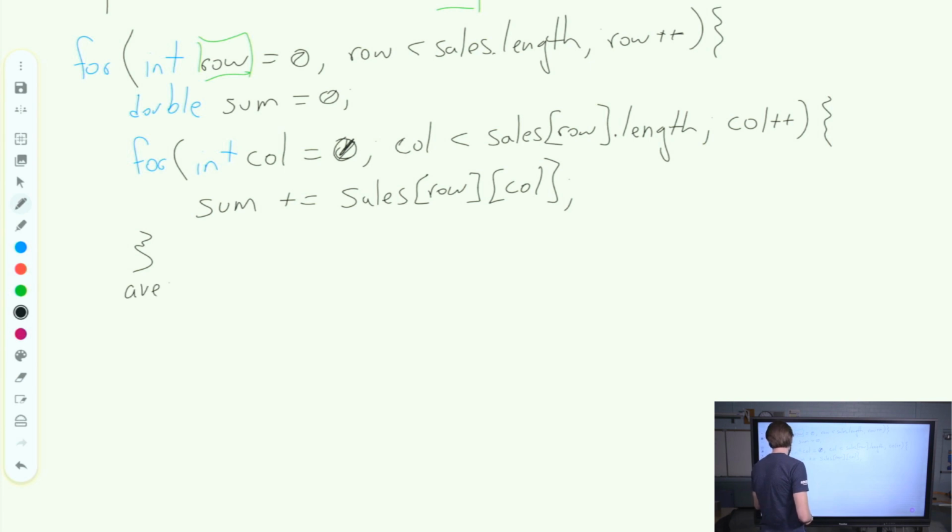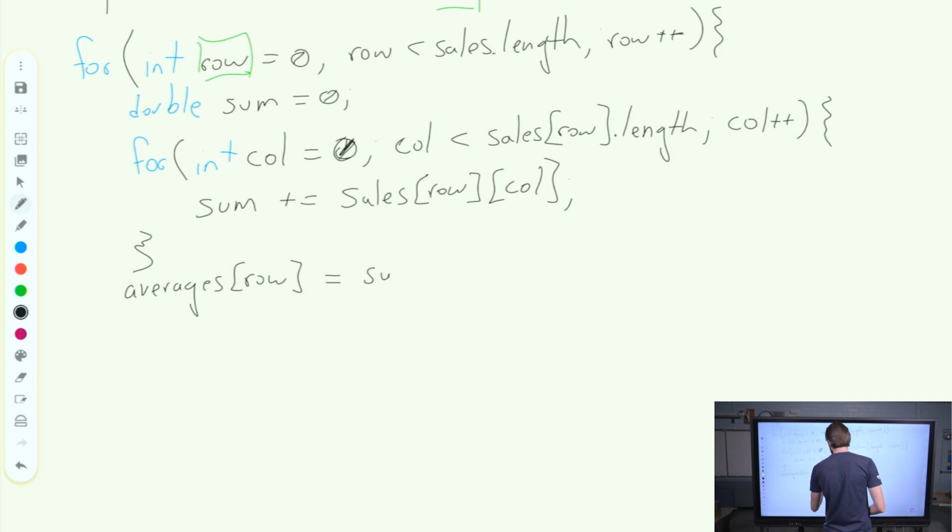So averages at row will get the value of our sum, right? But we need the average, so we need to divide by the number of columns, the number of things that we have. So we need to divide by our sales row, and the number of columns, of course, is our row.length.